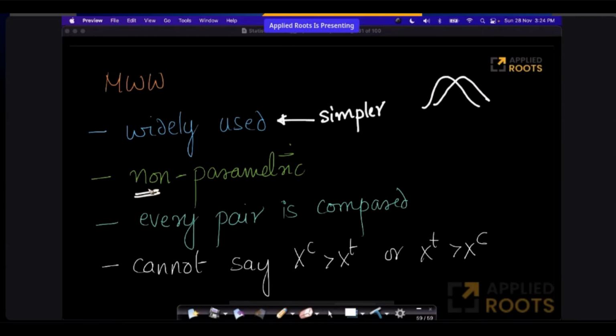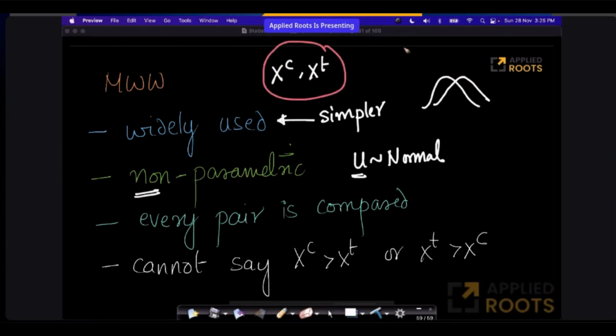You might say, hey, why is it non-parametric? You're saying that U follows normal distribution. Yes, I agree with you. The test statistic follows normal distribution, but your observations XC and XT need not follow any distribution. Again, remember, it's not saying that XC and XT should follow a specific distribution, like the T test or the Z test.